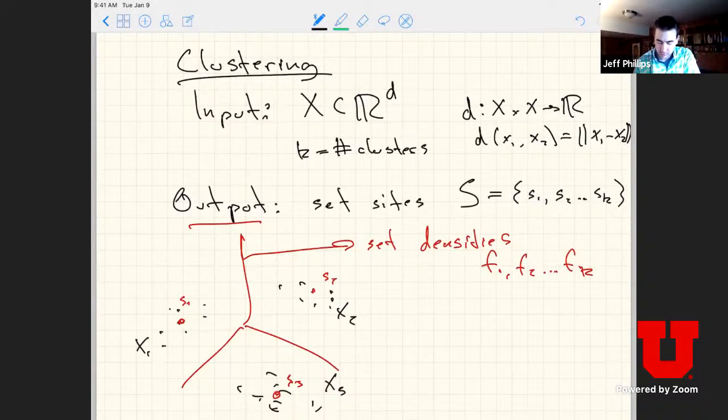And we do this by Lloyd's algorithm, which repeats two steps.